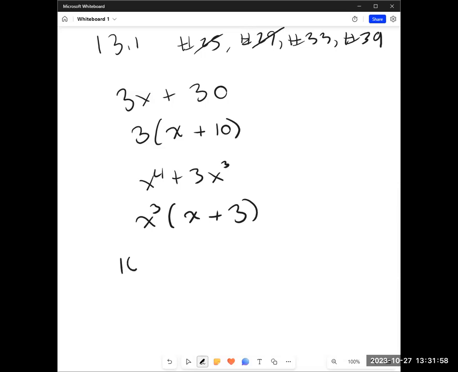Go ahead and look at this next one, 162xy minus 50x squared. So I don't see the GCF right off the top of my head, so I'm going to factor here.